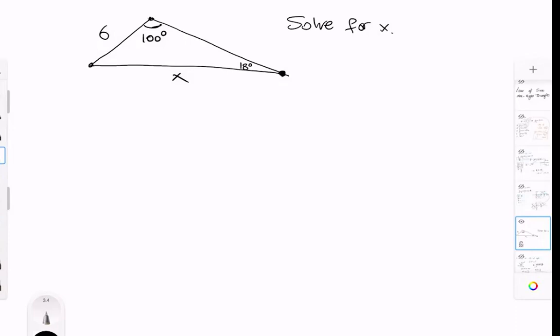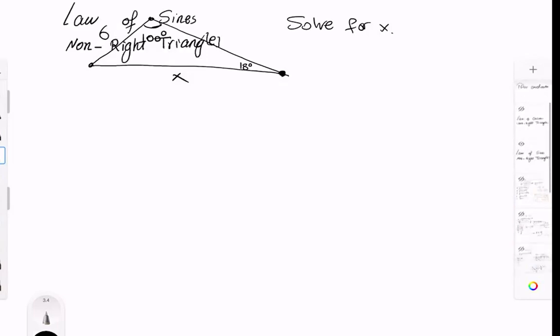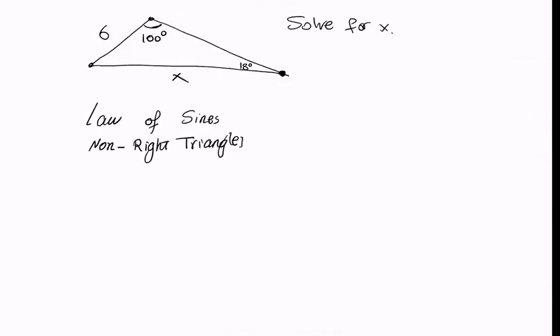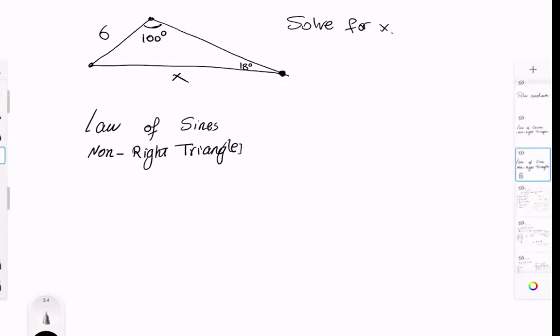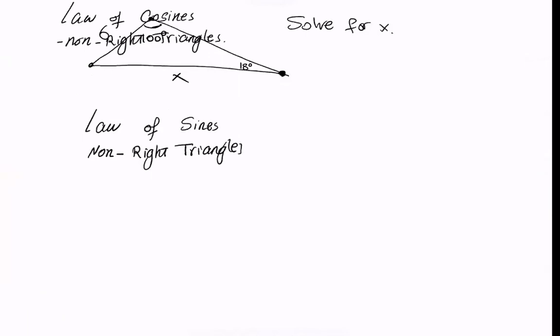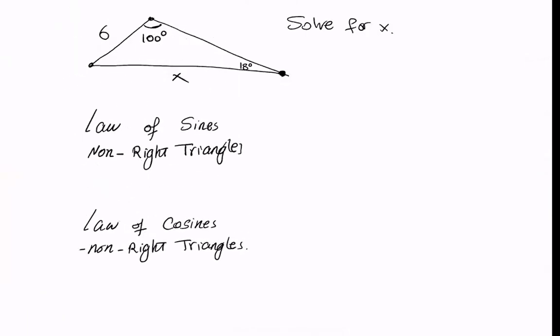So we should use law of sine or law of cosine. Law of sine, that was easy. So for a non-right triangle, we have two formulas, law of sine or law of cosine. You have it in your note sheet, and you use them when you don't see a right triangle.